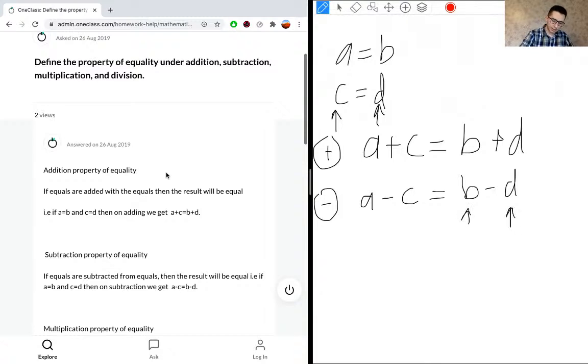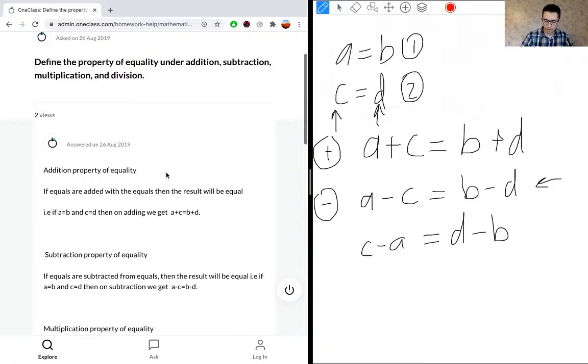If we're subtracting equation 1 minus 2, we would get this. If we did equation 2 minus equation 1, we would get the opposite: C minus A equals D minus B. The position of D and B and A and C would matter here.